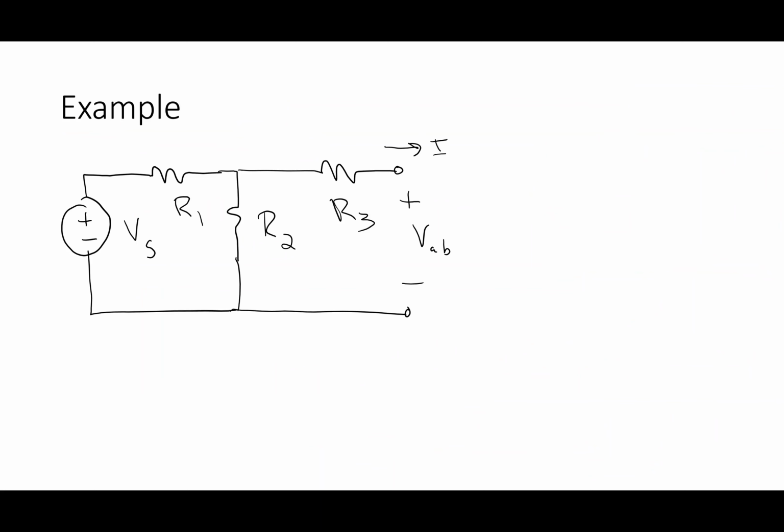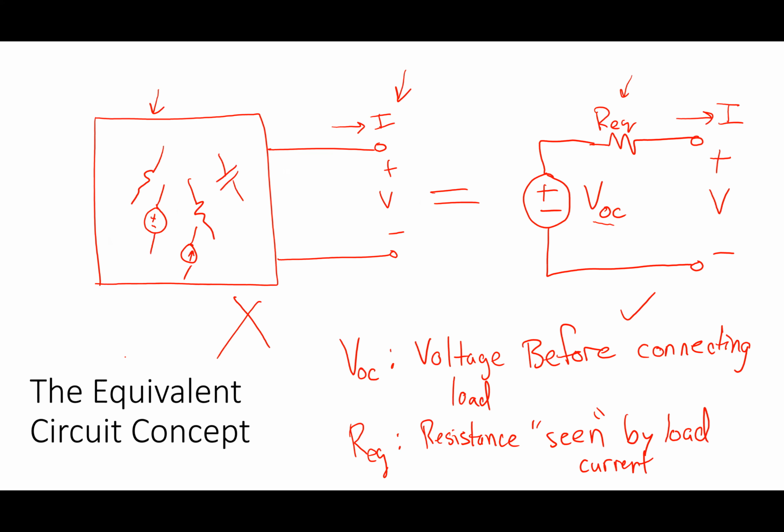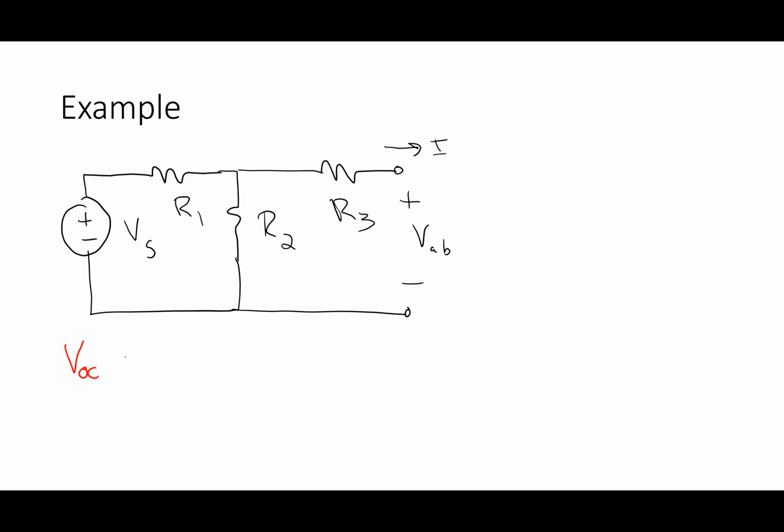All right, let's look at an example. Let's look at this circuit right here. What's VOC in this particular circuit? This terminal is open circuited, so how would I figure out VOC? It's the voltage across R2. Why didn't R3 count?